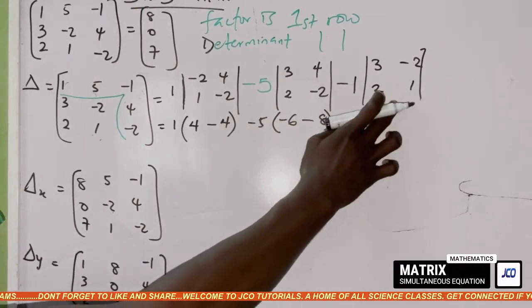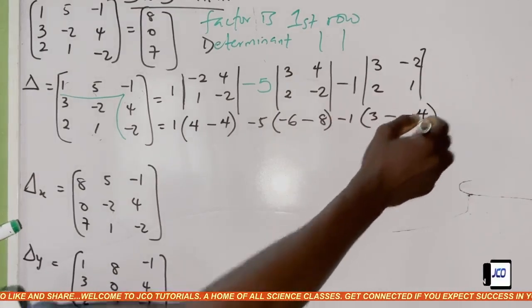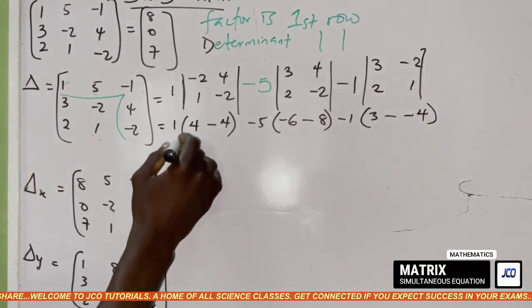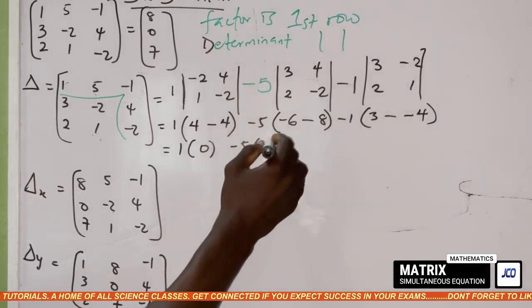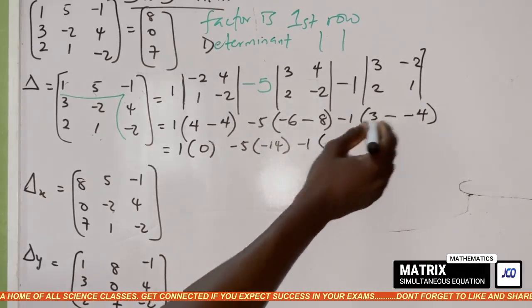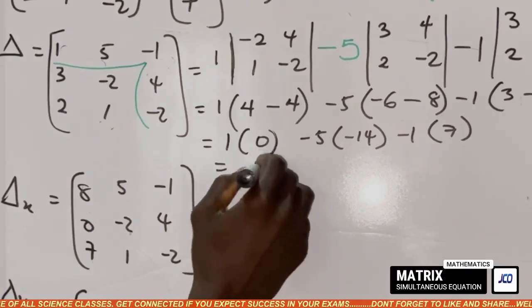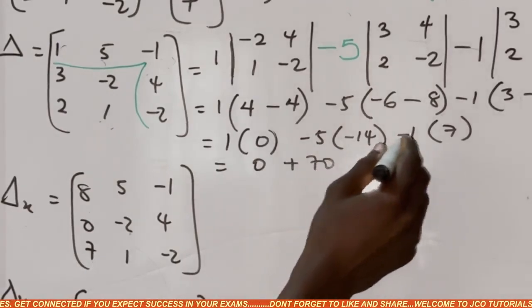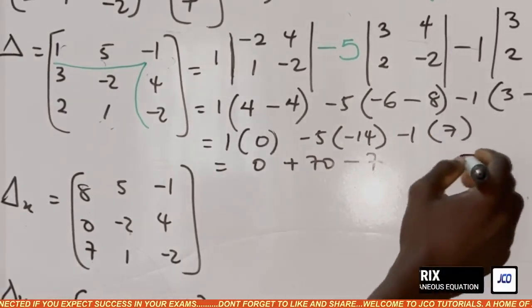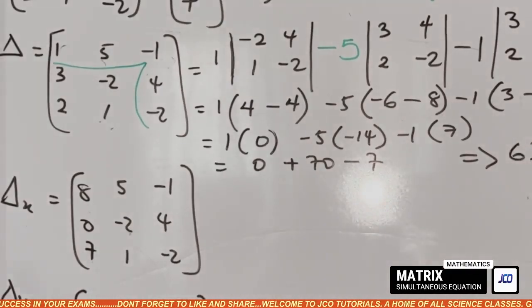The way you do your determinant, that's how you do this. 3 times 1 is 3, minus 2 times minus 2 is minus 4. You keep going. 4 minus 4 is 0, minus 6 minus 8 is minus 14, minus 1, plus, minus minus is plus, 3 plus 4 is 7. 1 times 0 is 0, minus 5 times minus 14 is plus 70, minus 7 times 1 is minus 7. Final answer there is 63. That is determinant for x, 63.